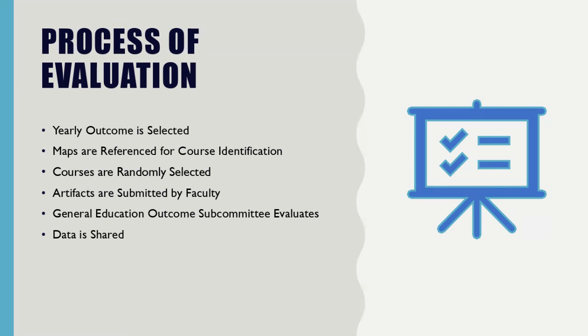We have what we call a norming session, which allows us to reach a common way of evaluating, because I may grade differently, or not grade, it's not grading, I may rate differently than someone else rates. So it allows us the opportunity to get on the same page and to provide a broad spectrum of input into our evaluation.